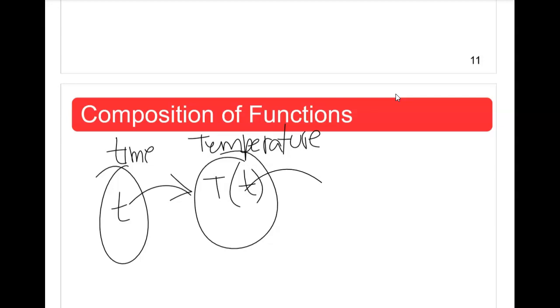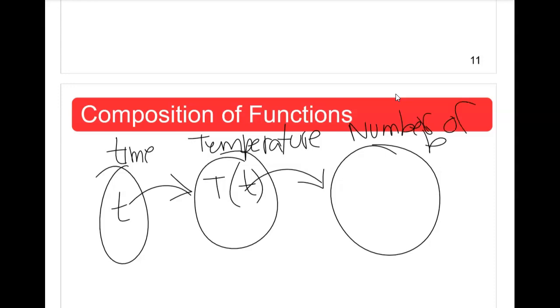And then from here, we will move on to the number of bacteria, and that's going to be given by N of T of t. That looks a little ugly. Let's fix that. So T of t. There we go.